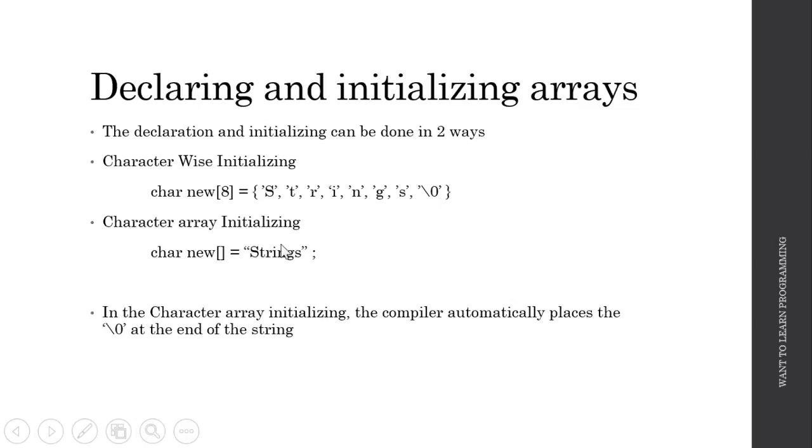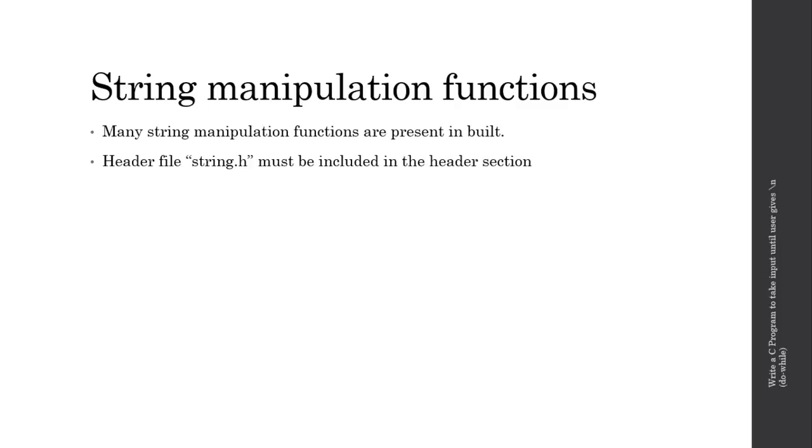Let's look at string manipulation functions. String manipulation functions are inbuilt functions present to manipulate strings. The header file string.h must be included in the header section while using these functions.